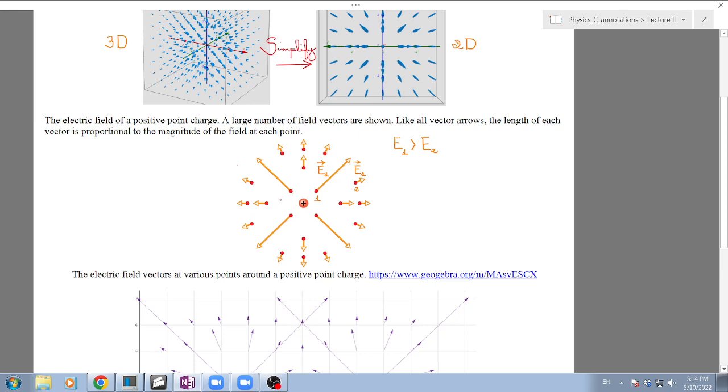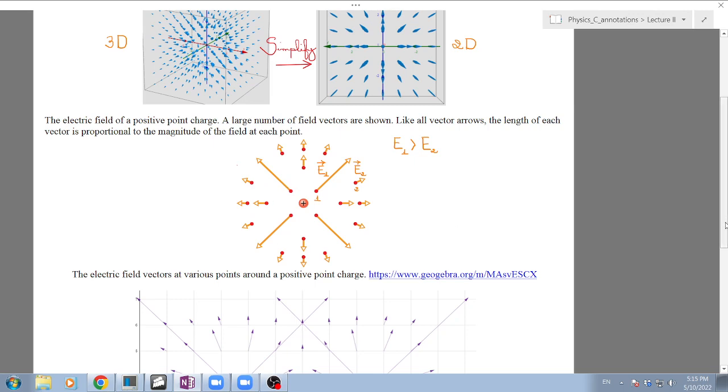I'm neglecting some of the points here. You have vectors everywhere. Even though this drawing is a discrete distribution, in reality this is not discrete, this is a continuous distribution. We have vectors at all points in space around this charge.